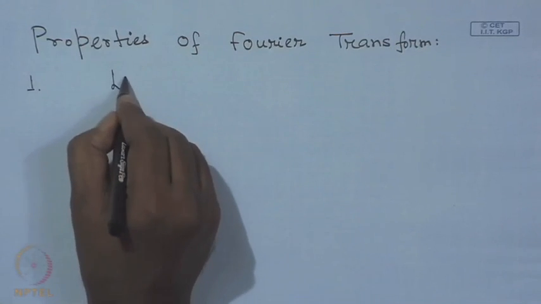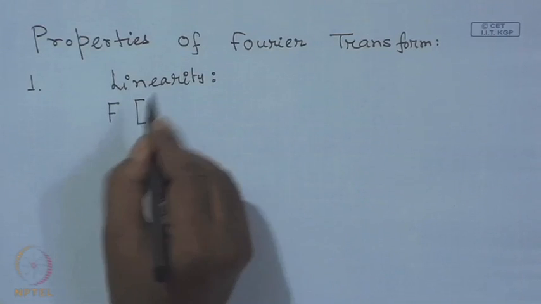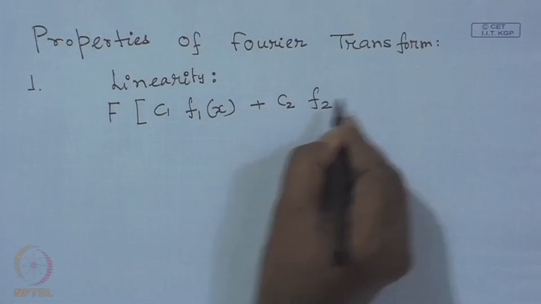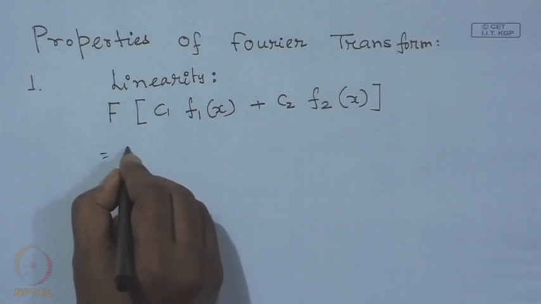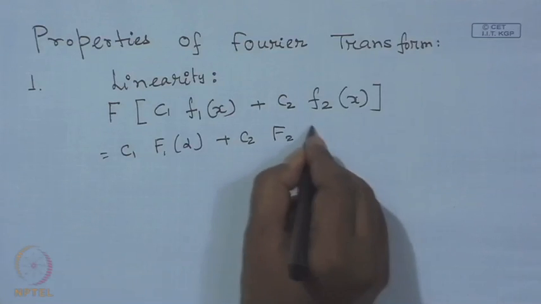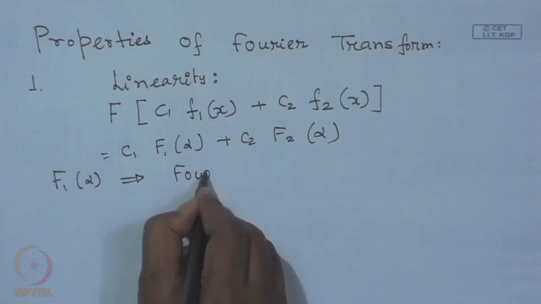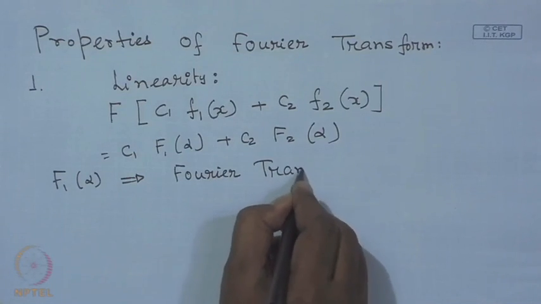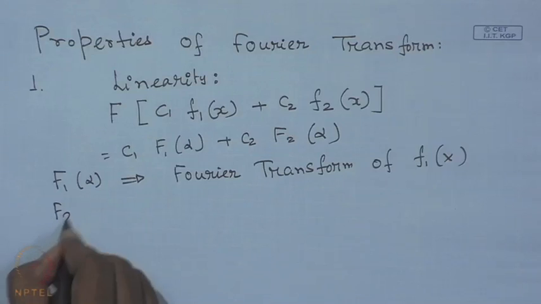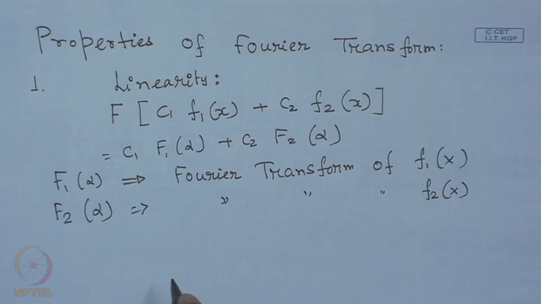First property is the linearity property. Fourier transform of two functions which are linearly additive, C1 f1(x) plus C2 f2(x), should be equal to C1 F1(alpha) plus C2 F2(alpha). F1(alpha) is the Fourier transform of f1(x), and F2(alpha) is the Fourier transform of f2(x).